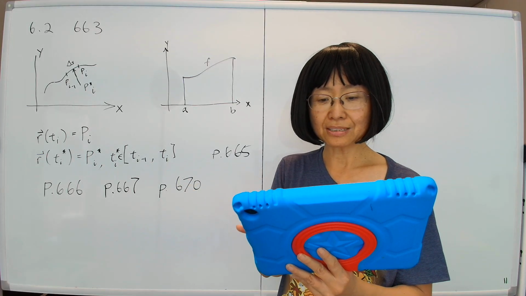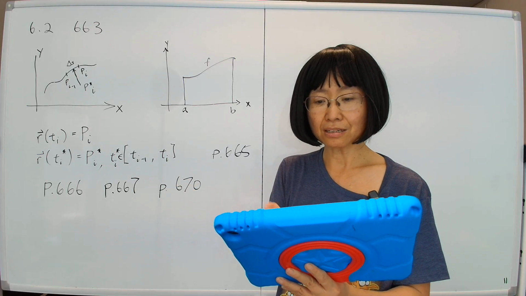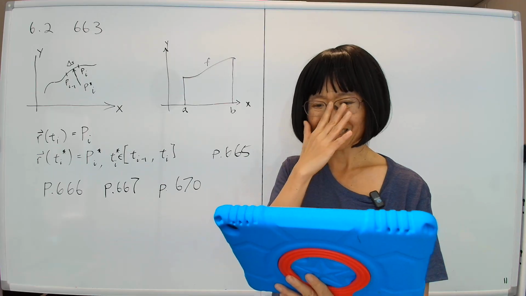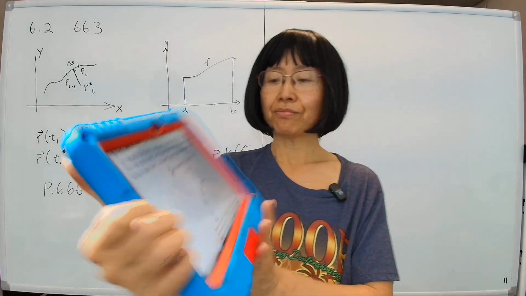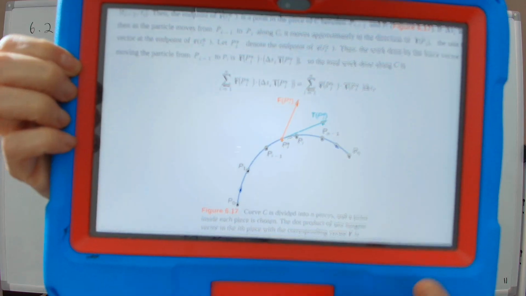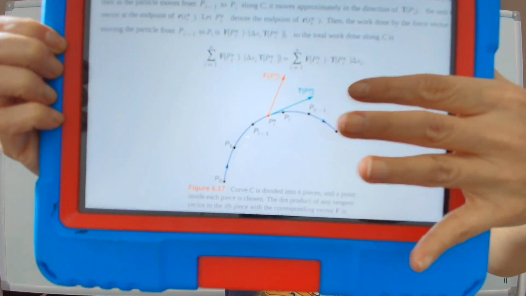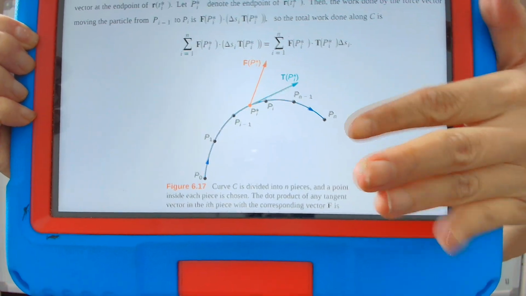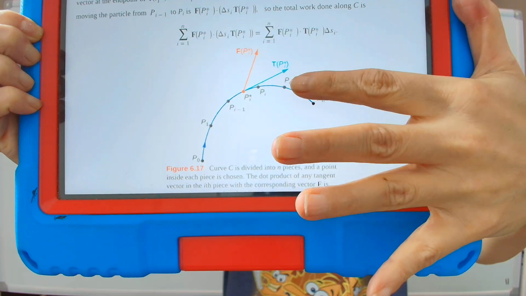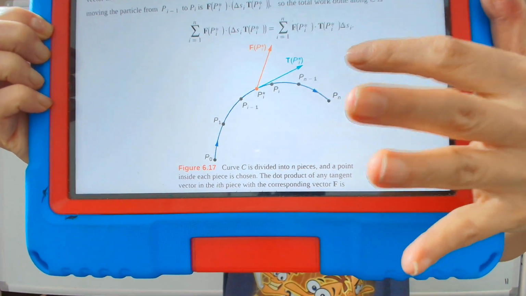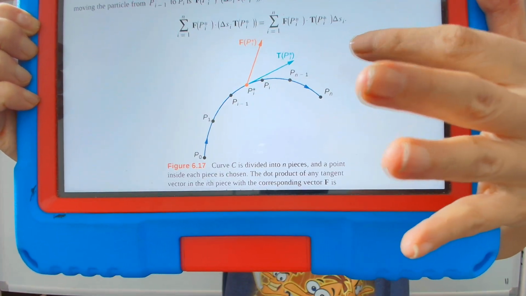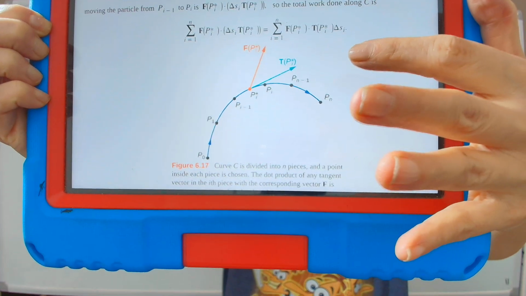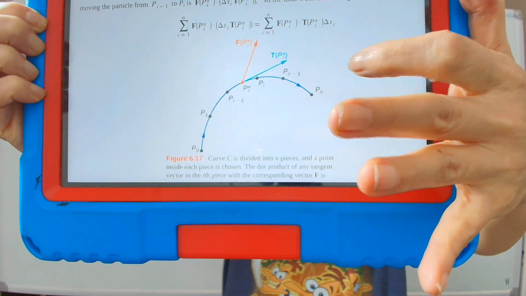What you do is take your force right here, and then dot it with the tangent of your curve at some point, and then multiply by a small amount of distance, delta s. That's how far you went.